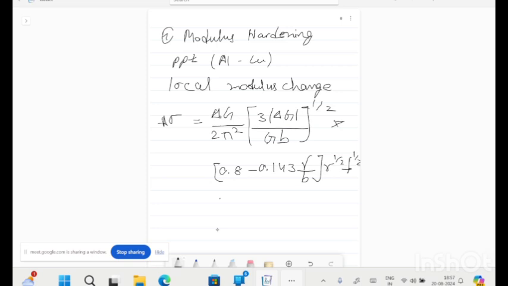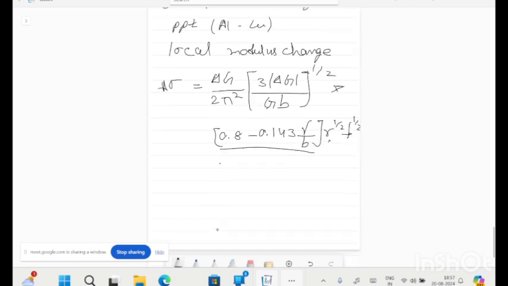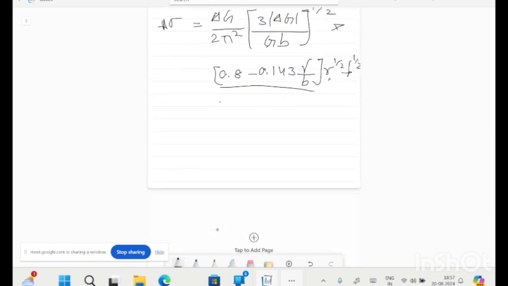Here delta G is the change in modulus divided by GB. This part of the equation is the energy term, and outside of this bracket is the radius of the particle, the square root of the radius of the particle, and F is the volume fraction of the precipitate.